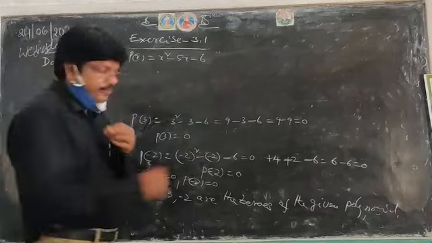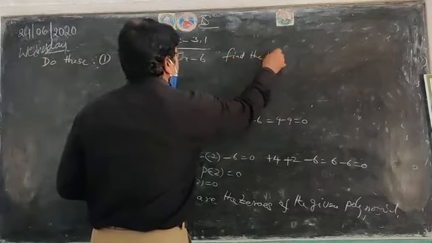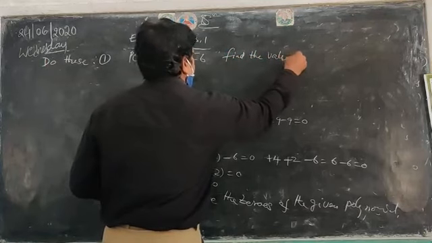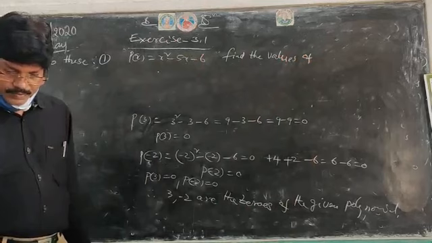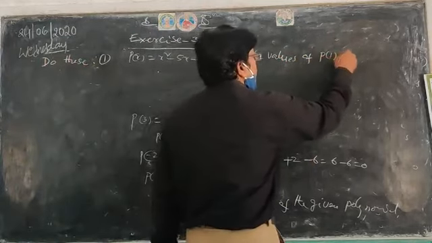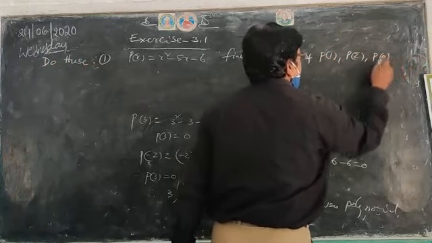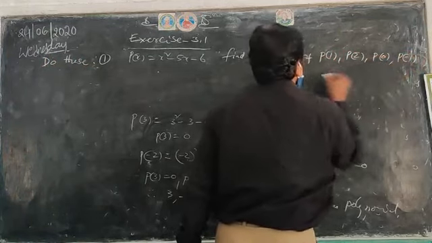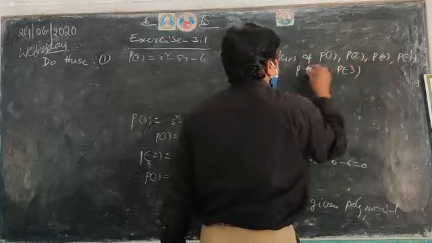Find the values of P of 1, P of 2, P of 0, P of minus 1, P of minus 2, P of minus 3.